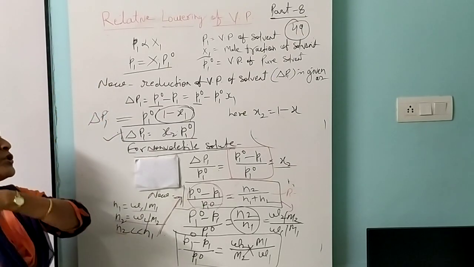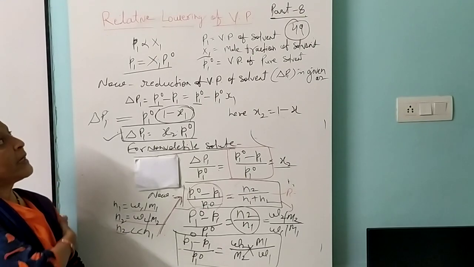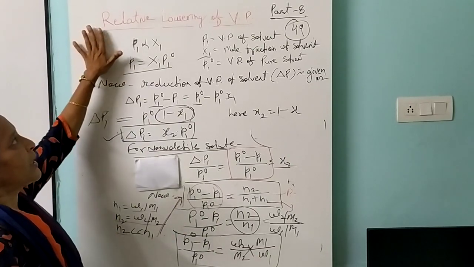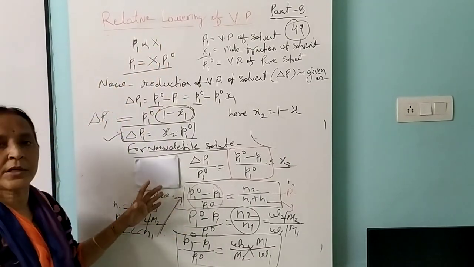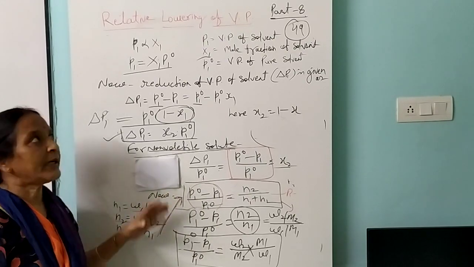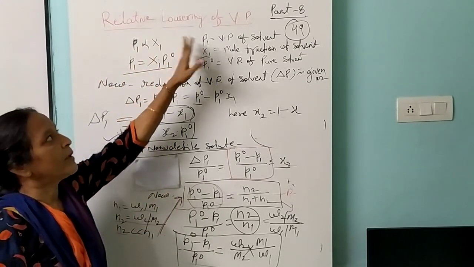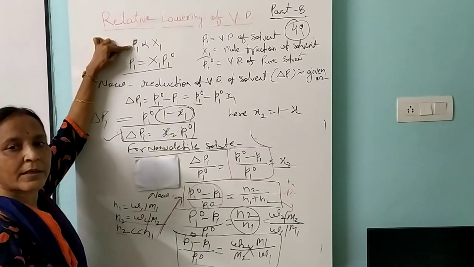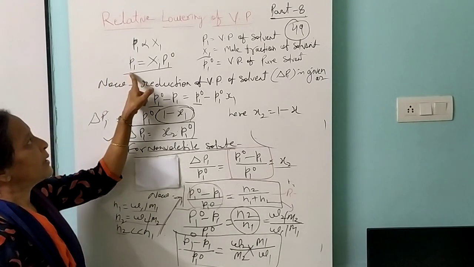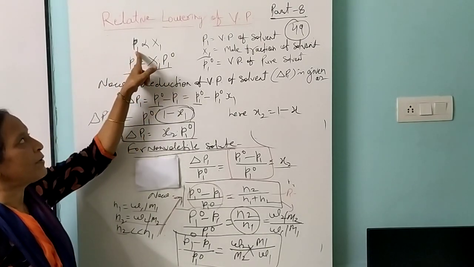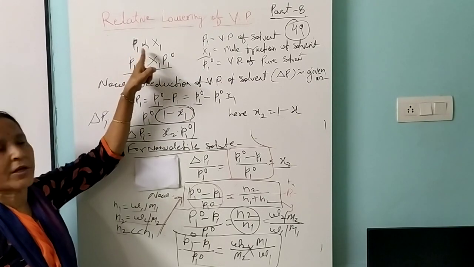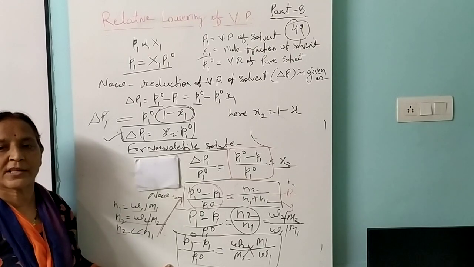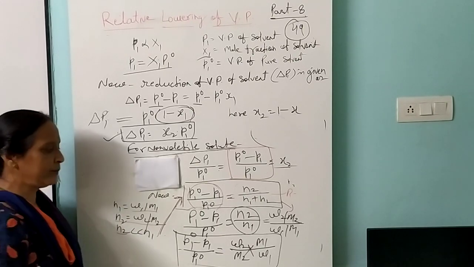Suppose the question is framed in this way: explain relative lowering in vapor pressure, for 3 marks. At that time first we will give the meaning of vapor pressure, then we will start our answer directly from here. In our book it is given from here, but first we will write that according to Raoult's law we are getting this, and complete explanation one by one up to here is a must.